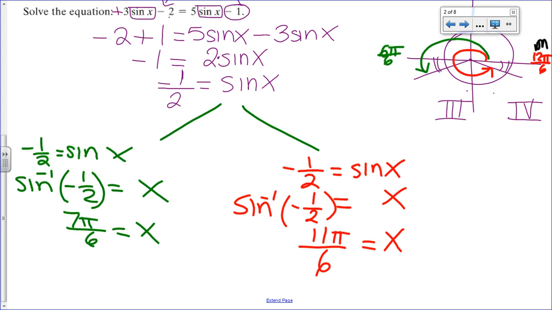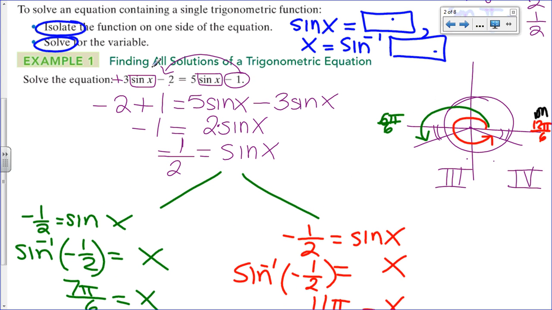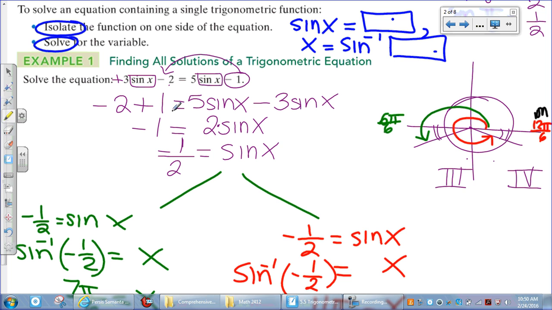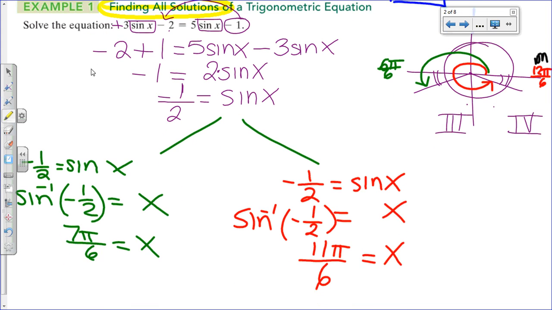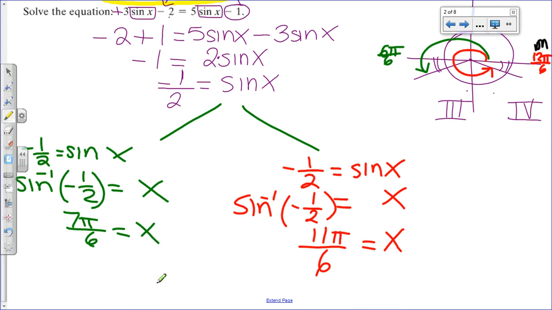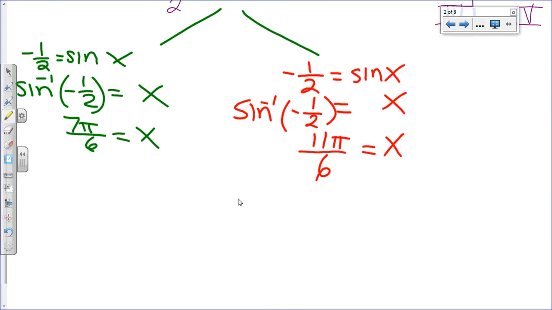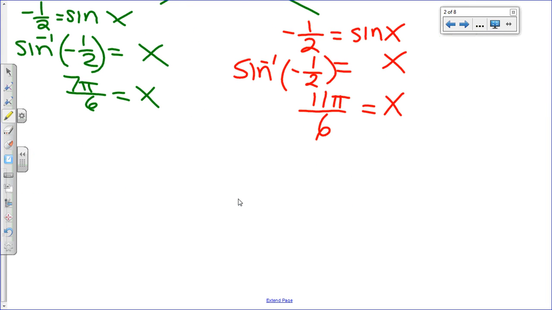However, if we look back at the question, it was to find all solutions, okay? So when they say all solutions, we are going to have to somehow represent the infinitely many solutions. Do you guys remember what the period of that function is? 2 pi, right?